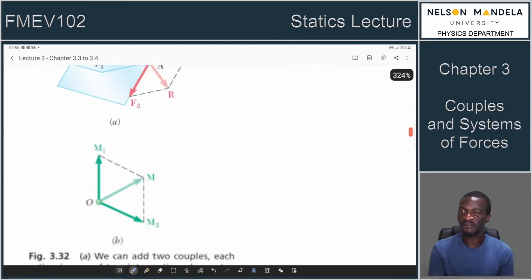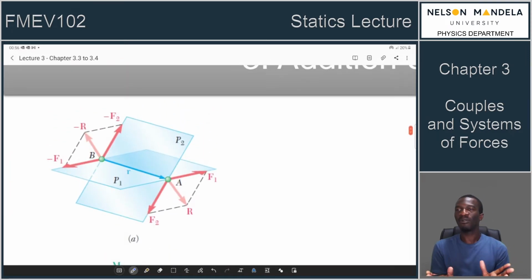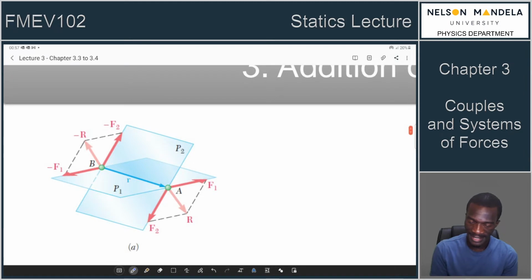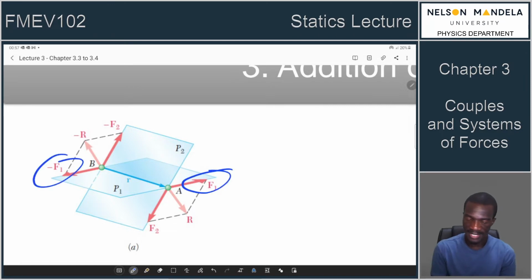So figure 3.32 is giving us an example of a setup that shows how to find the sum of two couples. So we have a first couple that is in its own plane, the couple created by the vector F2 and minus F2. We have another couple in its own plane P1 created by vector F1 and minus F1.